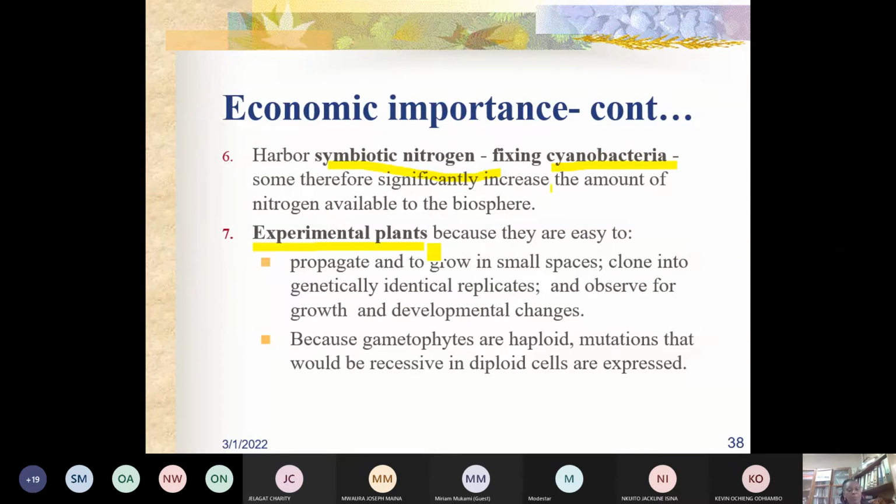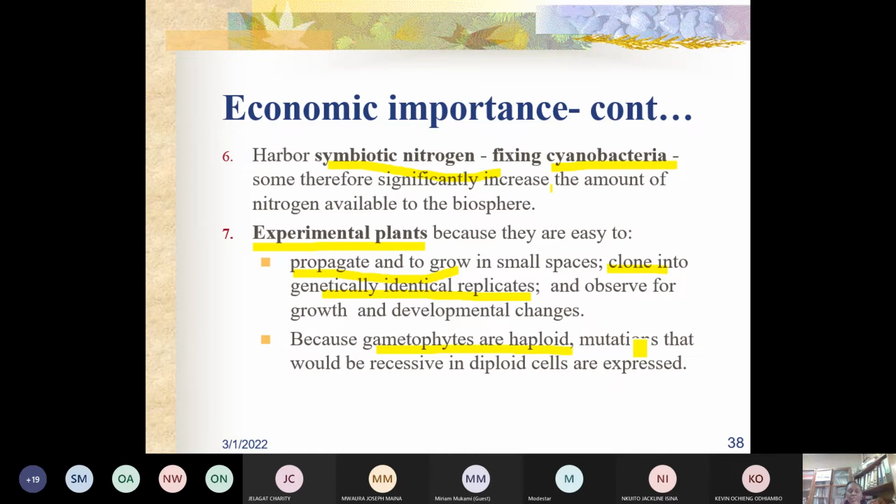Then they are good experimental plants because, first, they're easy to propagate. You can grow them very easily, they can grow in very small spaces, and you can clone them and get genetic replicants. And because they are haploid, they only have one set of chromosomes.